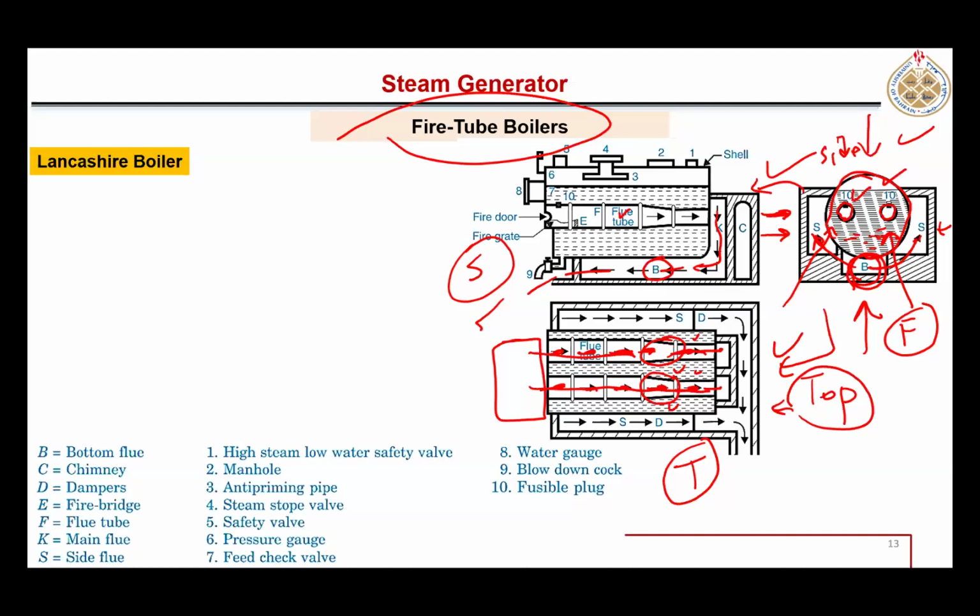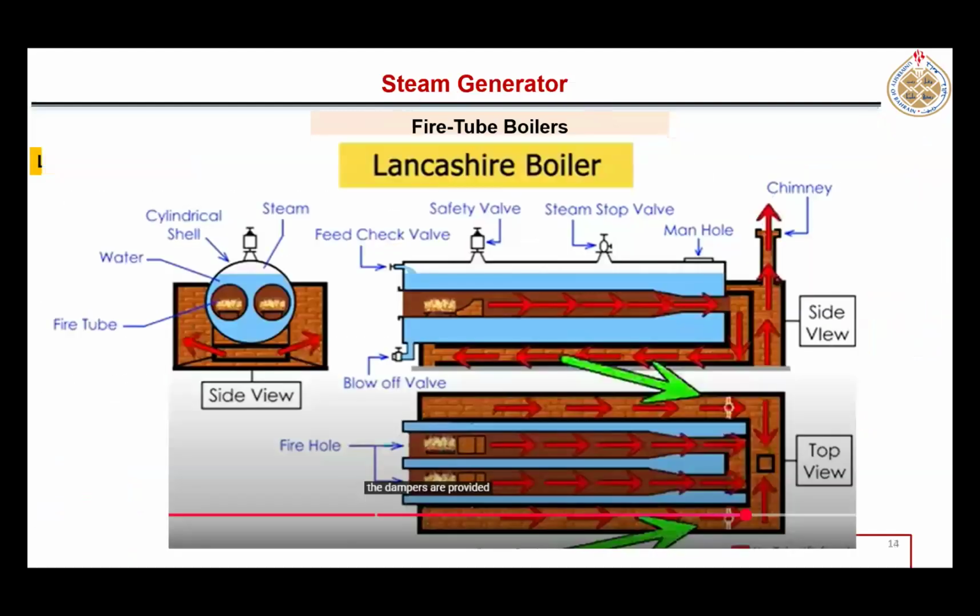For example, here you see another picture. Here are those fire tubes, and at the start of those tubes, combustion of any fuel is taking place. Those gases are traveling through this tube.